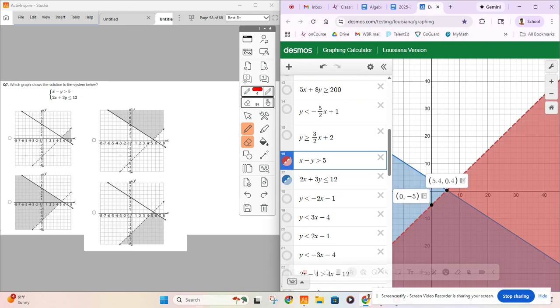The shading is happening where the colors are overlapping down at the bottom, which looks to be this one right here. Because you can see it goes through right about this -5 and -5 here, which is the same as this one.